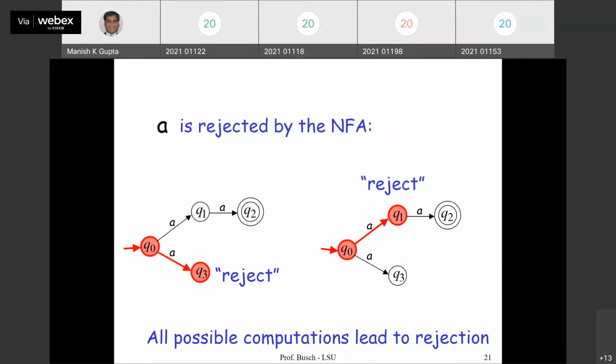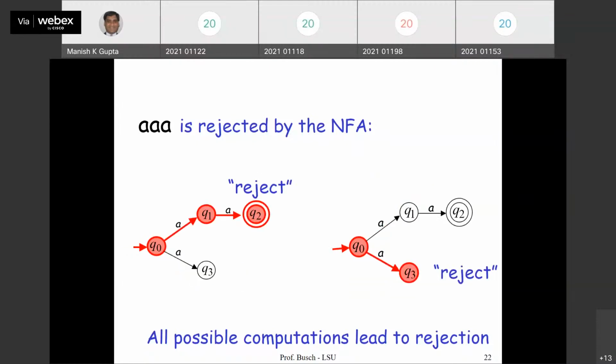So look at this. Singleton A is rejected by this NFA, right? On this path, is it rejected? The other path also it is rejected because it is not reaching the final state. Triple A, all possible computations lead to rejection, right? Very clear to you.